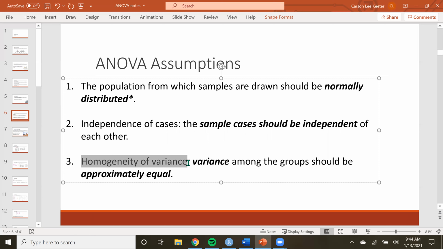Now here is the different thing. Homogeneity of variance. Variance among the groups should be approximately equal. Well, what does that mean? I don't want to be comparing groups that have drastically different distributions.